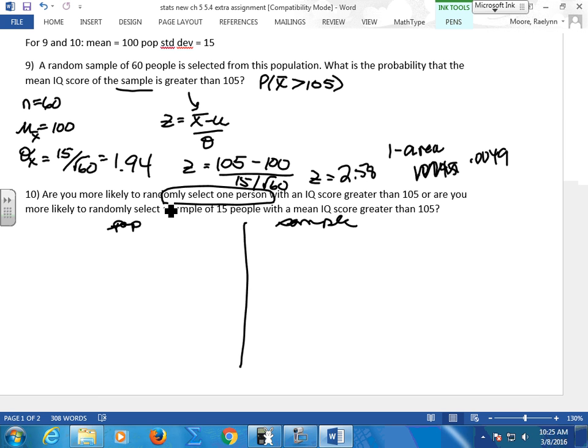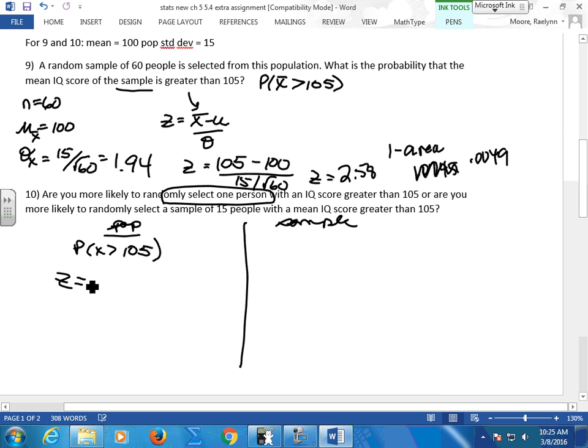Which is kind of hard to get, this one person that's greater than 105. So I still say x is greater than 105. Almost the same thing that I had to say here, but I'm one person. So this comes from this. No sample. This is my population.